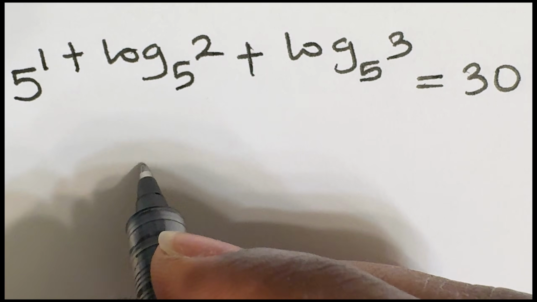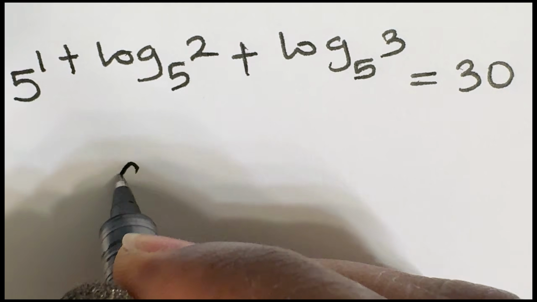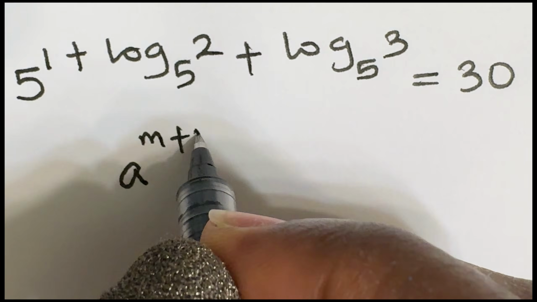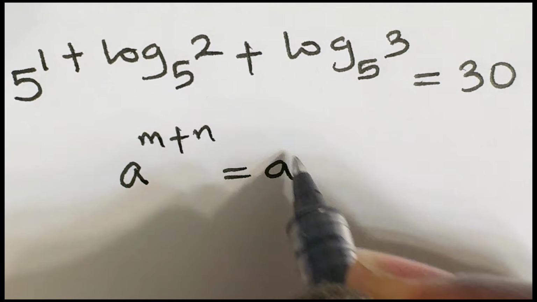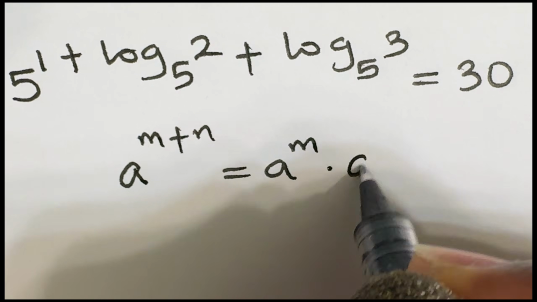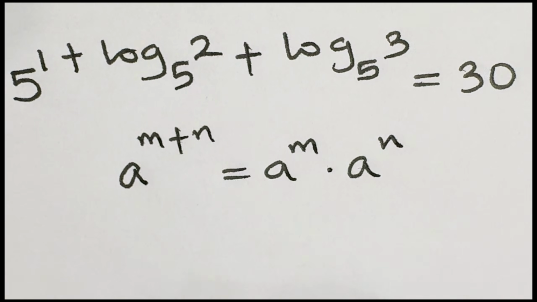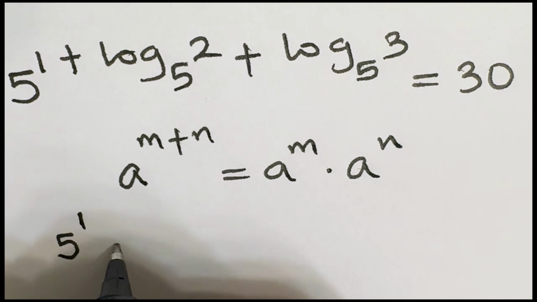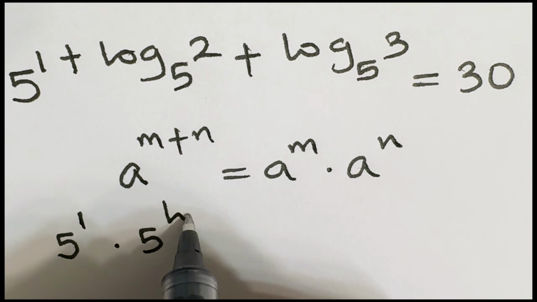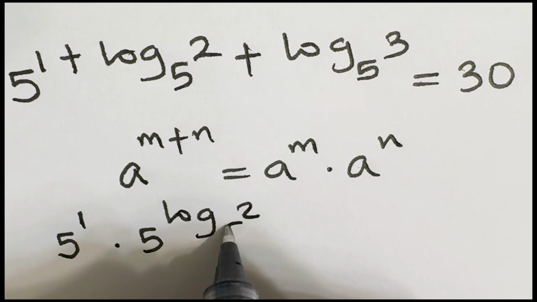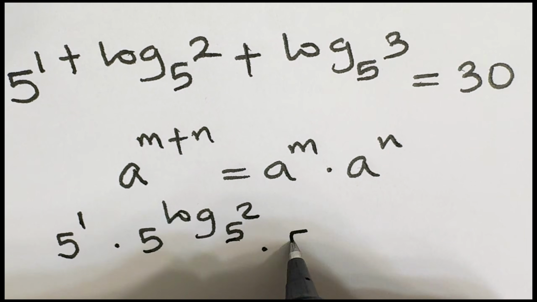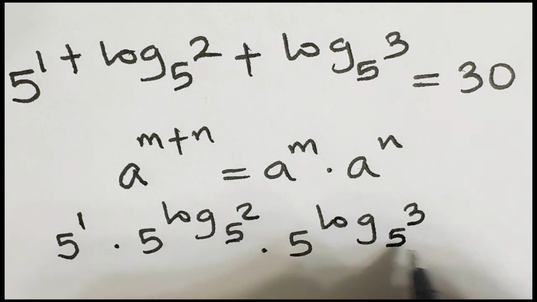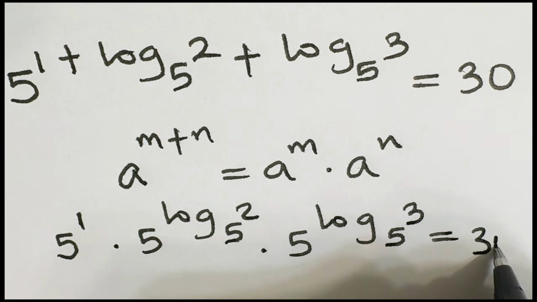To do that, I'll use this law of indices. A raised to power m plus n will give us a raised to power m times a raised to power n. So we have 5 raised to power 1 times 5 raised to power log 2 base 5 times 5 raised to power log 3 base 5 to give us 30.